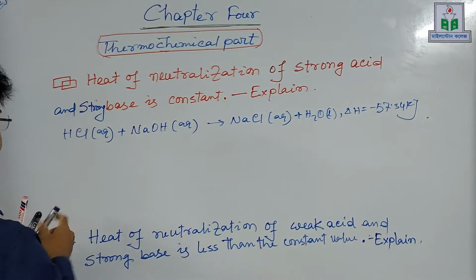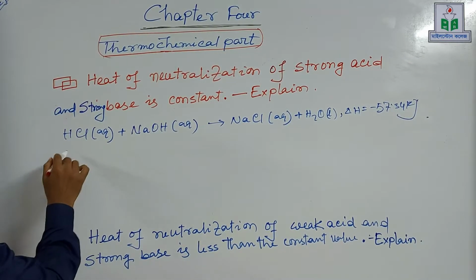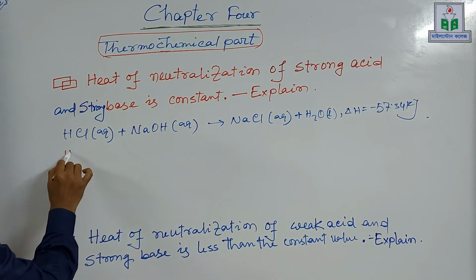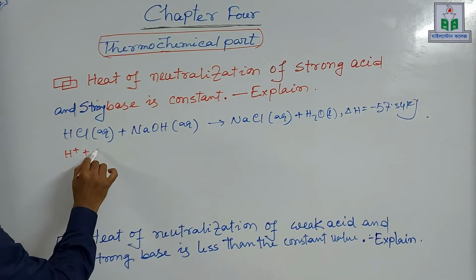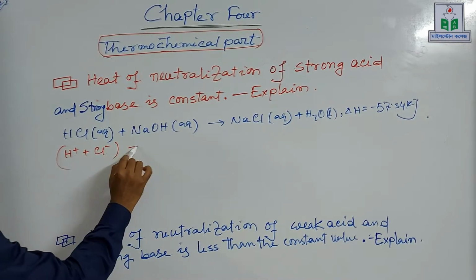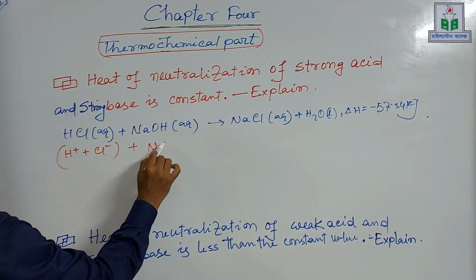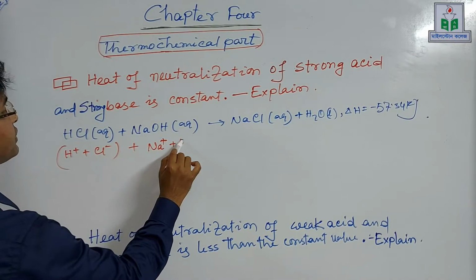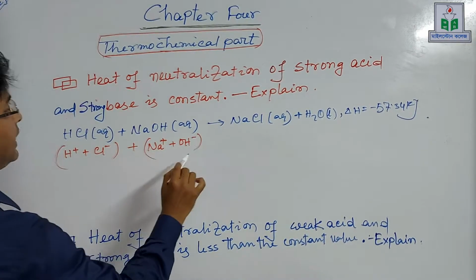Actually here, hydrogen chloride, hydrochloric acid, ionizes in the aqueous solution to produce hydrogen ion and chloride ion, and sodium hydroxide ionizes in the aqueous solution to produce sodium ion and hydroxide ion.